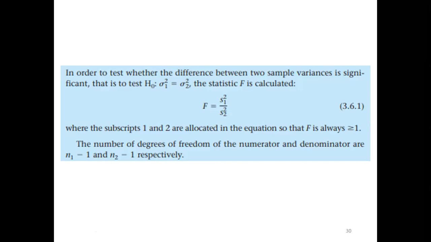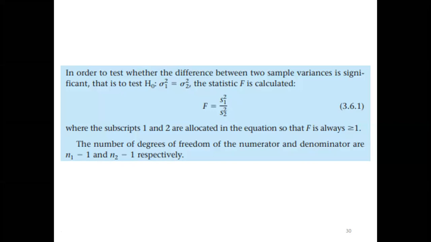And the degrees of freedom of the numerator and denominator are n1 minus 1 and n2 minus 1 respectively. So the numerator is the one on the top of this fraction, and the denominator is the bottom one. And degree of freedom, we discussed that last week.